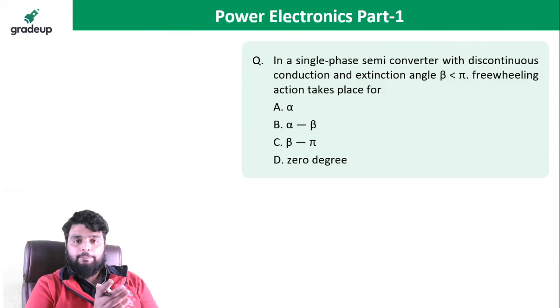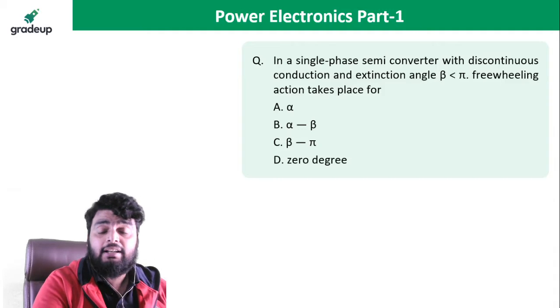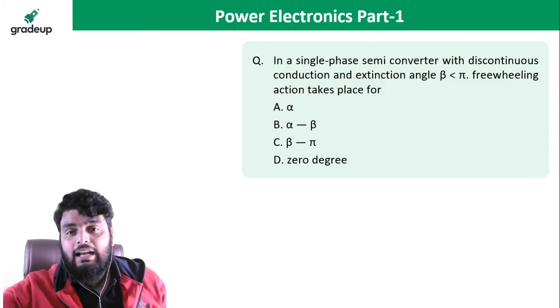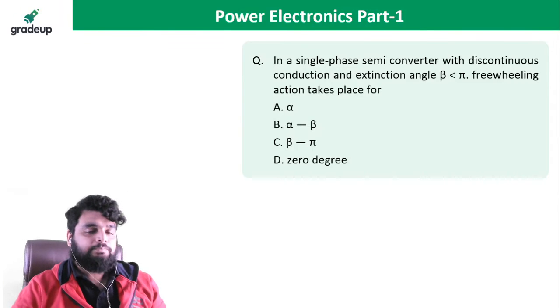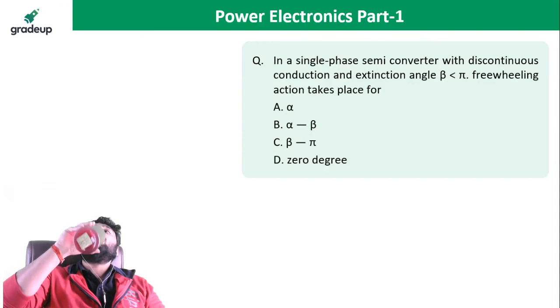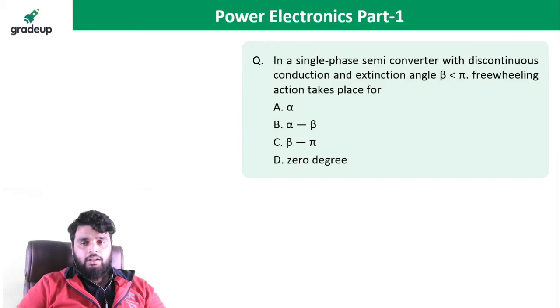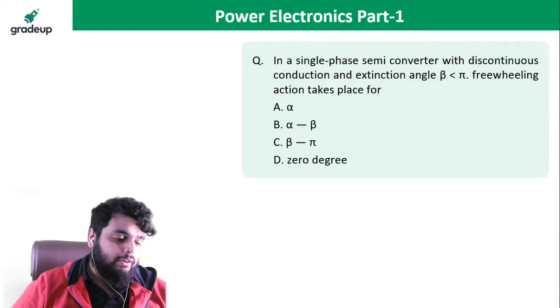Everyone, now this question. In a single phase semi-converter with discontinuous conduction and extinction angle beta less than pi, the freewheeling action takes place for. Now to answer this question, you need to understand the meaning of freewheeling diode or freewheeling action.